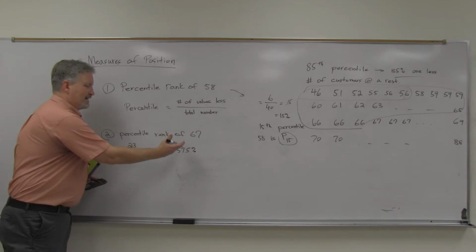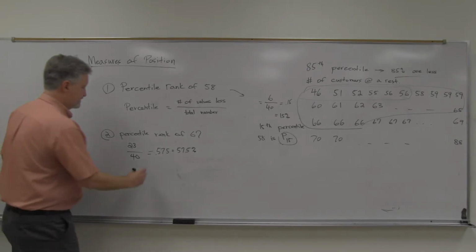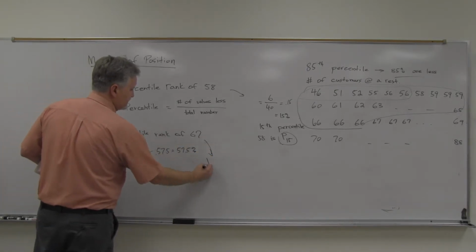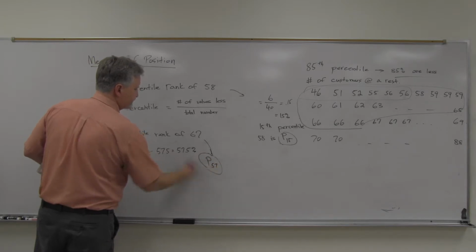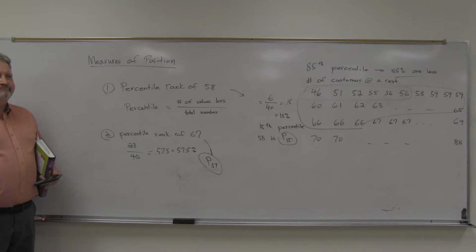So it's not quite the 58th percentile, right? So let's just go with 57. We'll call it P57. So the percentile rank of 67 is P57. Since it's not quite 58, kind of round it down there. Okay? So that gives you an idea of what we're talking about here.